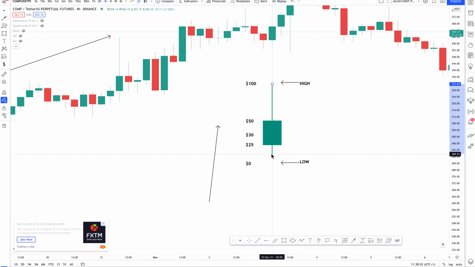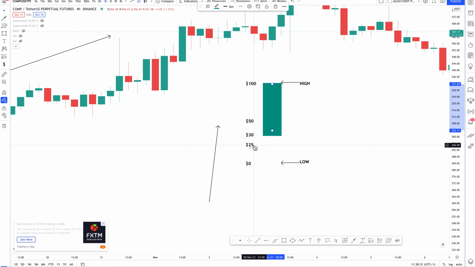So let's say this individual candle got to this price. It's just for the purpose of reference and illustration, right? So let's say we have this.